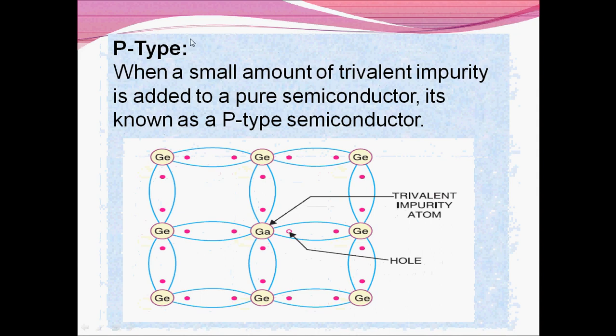Similarly, P-type semiconductor. When a small amount of trivalent impurity is added to a pure semiconductor, it's known as a P-type semiconductor. A trivalent impurity atom, gallium, is added to the pure semiconductor germanium and there is one hole we found here as a majority carrier.